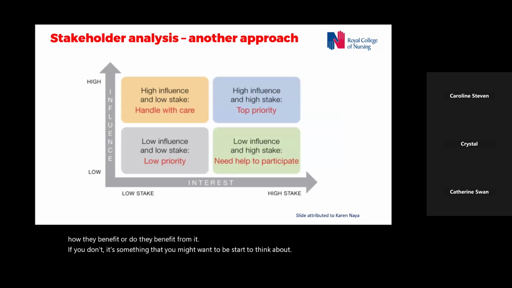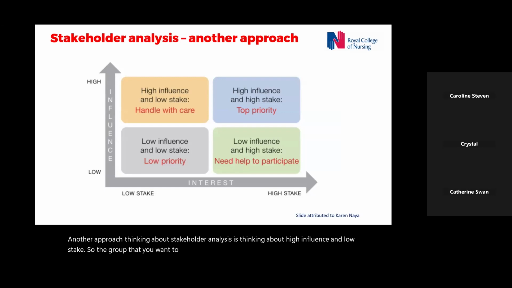Another approach, thinking about stakeholder analysis, is thinking about high influence and low stake. This is the group that you want to keep informed about your projects or pieces of work, letting them know how things are going, but don't expect too much input back.